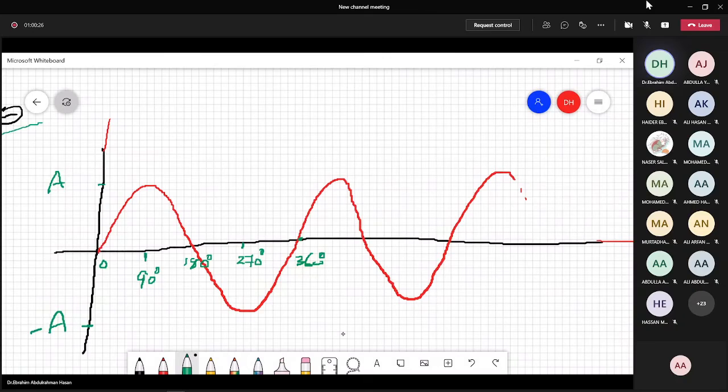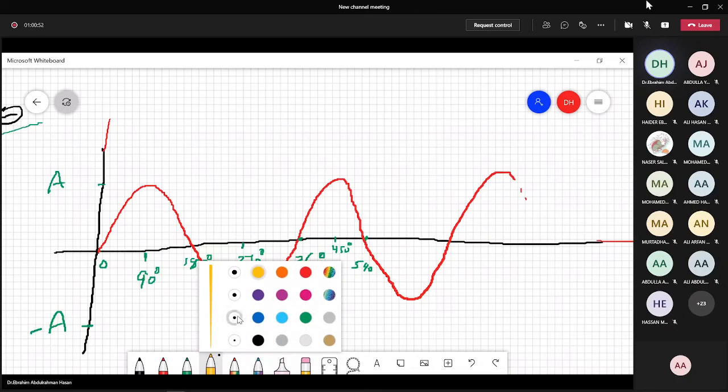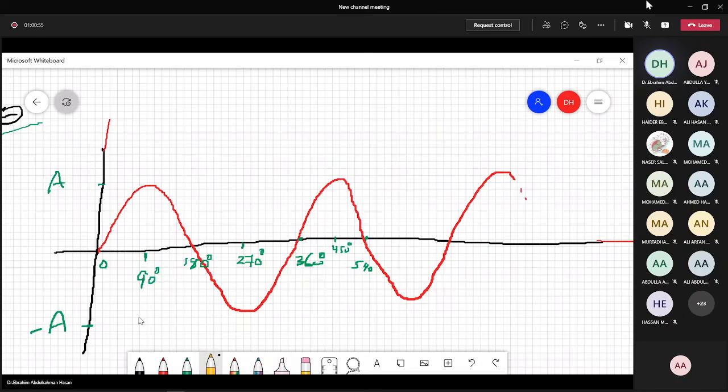Adding another 90 degrees, here it will be 450, and here 540 and so on. If I ask you to draw it with the angle in radians, we know that pi equals 180 degrees, so pi over 2 equals 90 degrees.